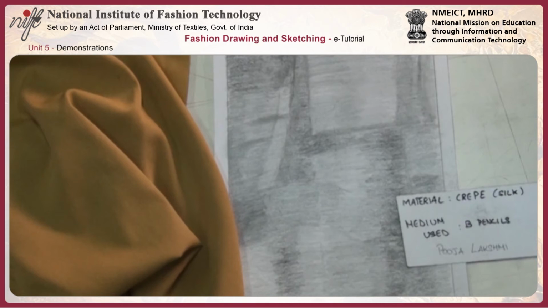As the fabric is of single color, importance is given to the tones that are visible on the fabric. The creases on the fabric are also depicted as realistically as possible. This kind of pencil rendering actually develops your skills to observe the tonal variations on the surface of any material.